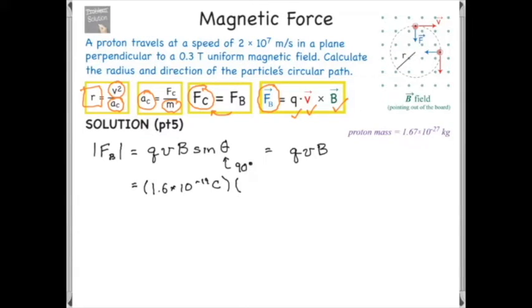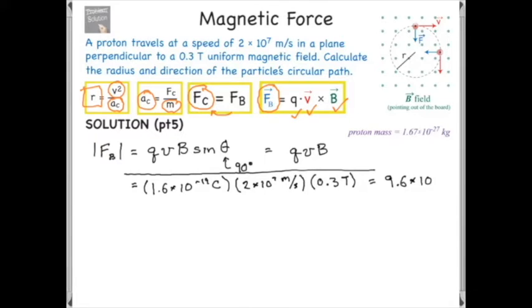For the velocity, we had 2 times 10 to the 7 meters per second. And for the magnetic field, we can put in 0.3 Tesla. Multiplying that out in our calculator, we get 9.6 times 10 to the minus 13 newtons. And that's our magnetic force.